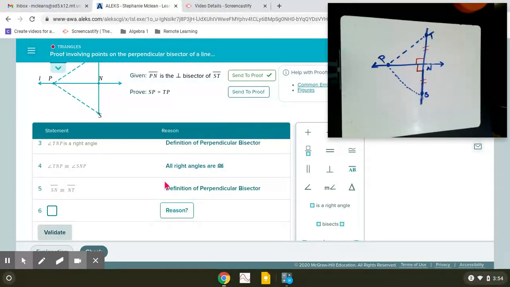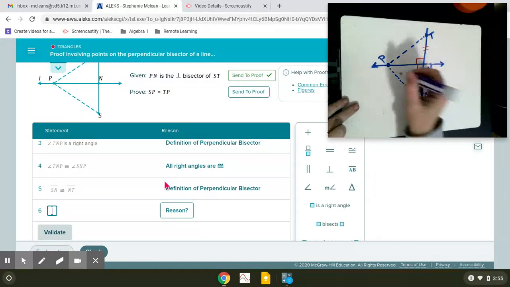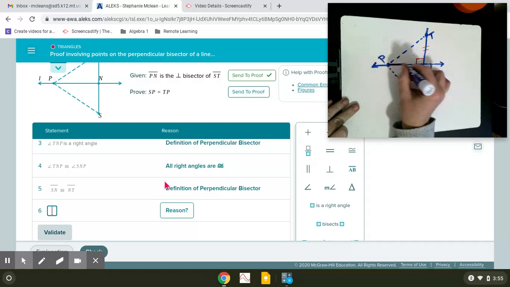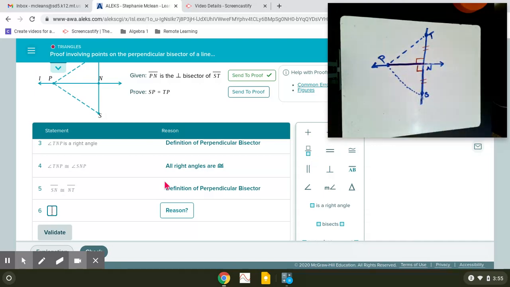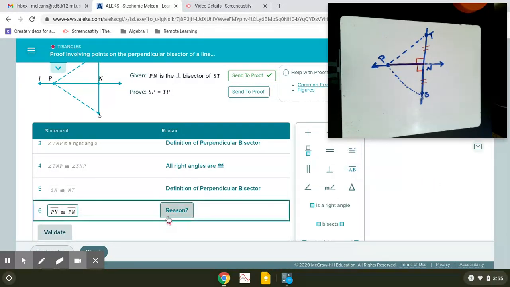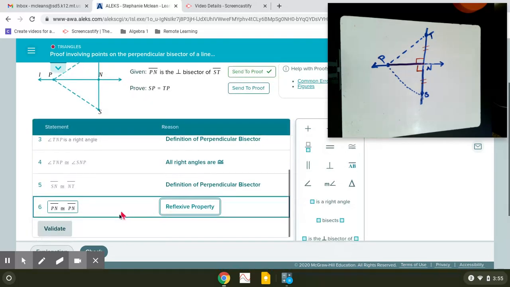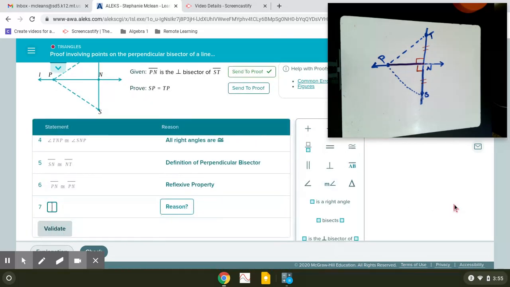So looking at these two triangles, we're looking for if they share a side or an angle. I can see that they share this side right down the middle. Because they share that side, it's equal to itself. So PN is congruent to segment PN. And that's from the reflexive property. So we've shown three things.